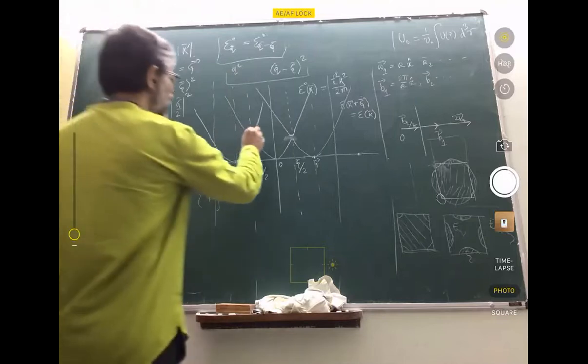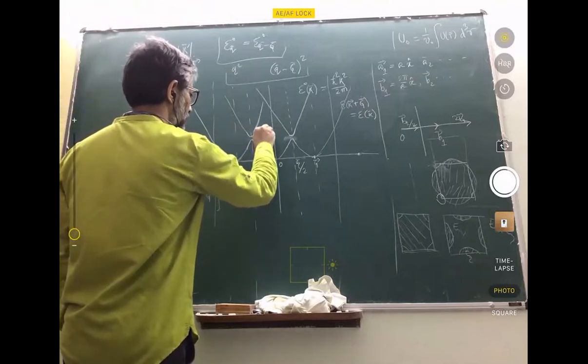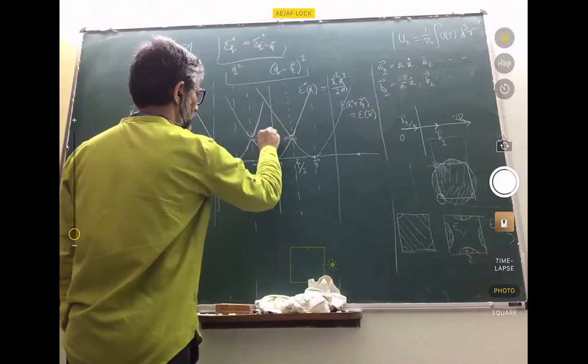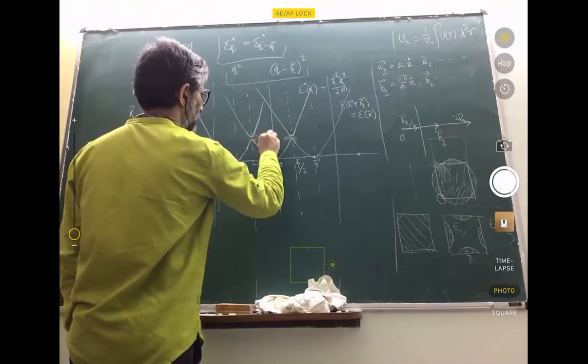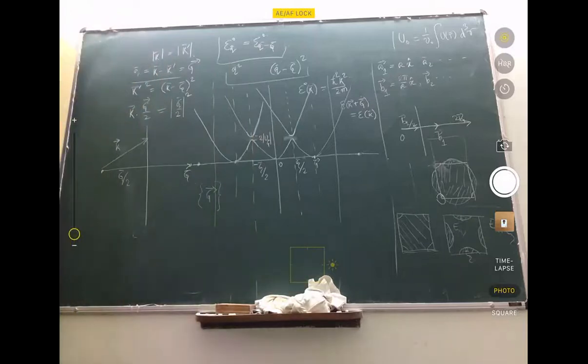And this splitting would be twice of UG.